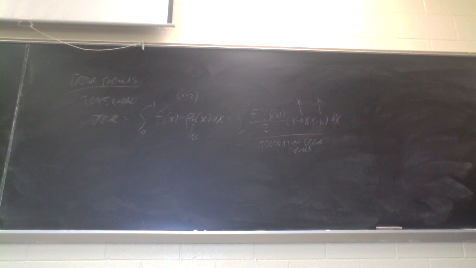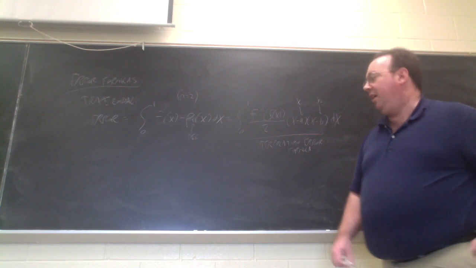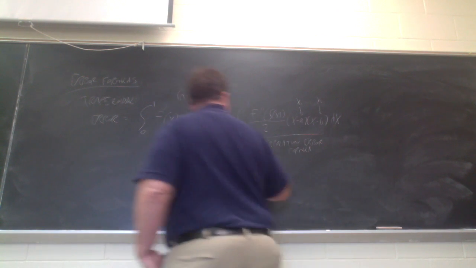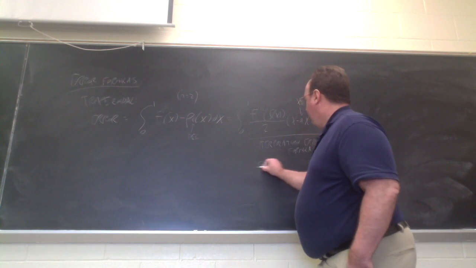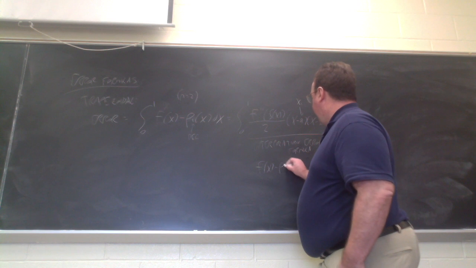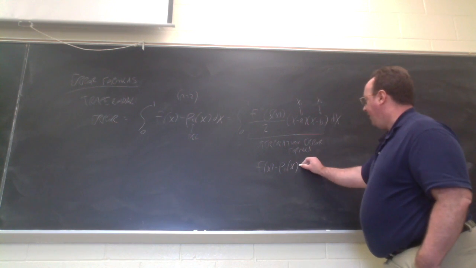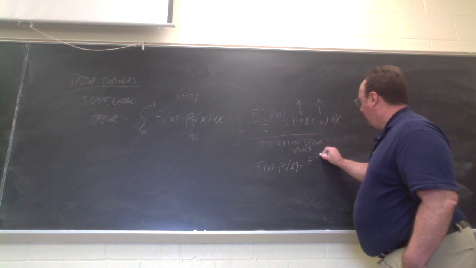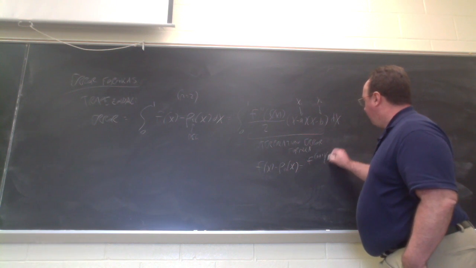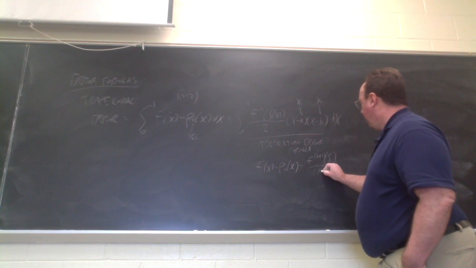Will you tell me how you had f prime again? Or f double prime. Yeah. So this interpolation error formula is f minus Pn of x, where Pn is of degree n. It's always the (n plus 1)st derivative at an unknown point.